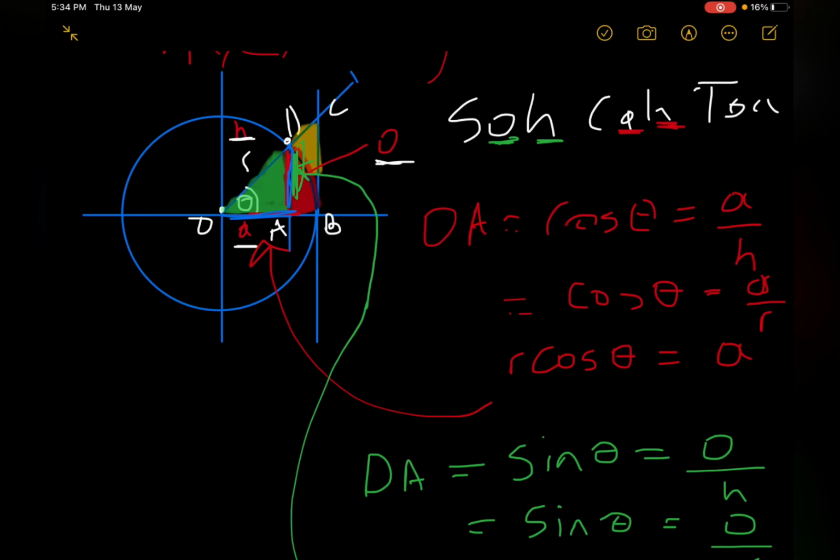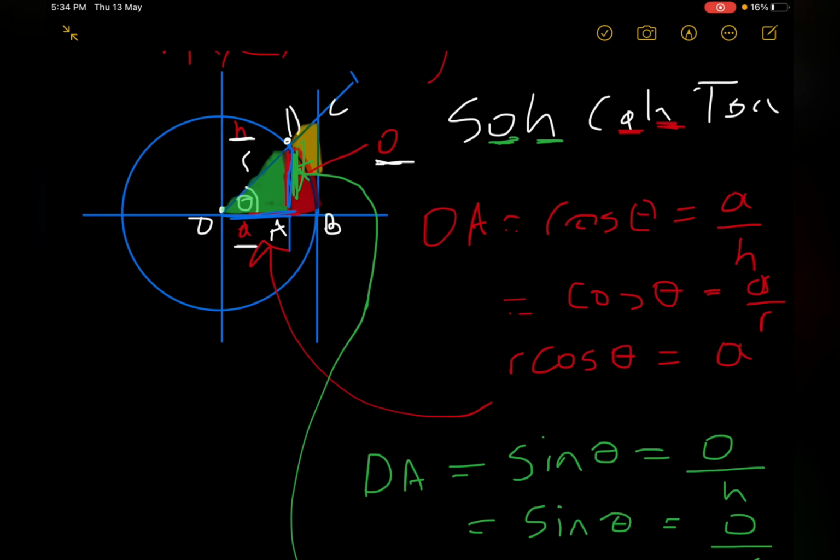Now, how the squeeze theorem works, we see that we have three shaded sections here: the green shaded section, the red, and the yellow. So the green shaded section is our first function, and we are going to find the area of that triangle. We know that the area of a right angle triangle is half base times height. In this case, the base is the adjacent side.